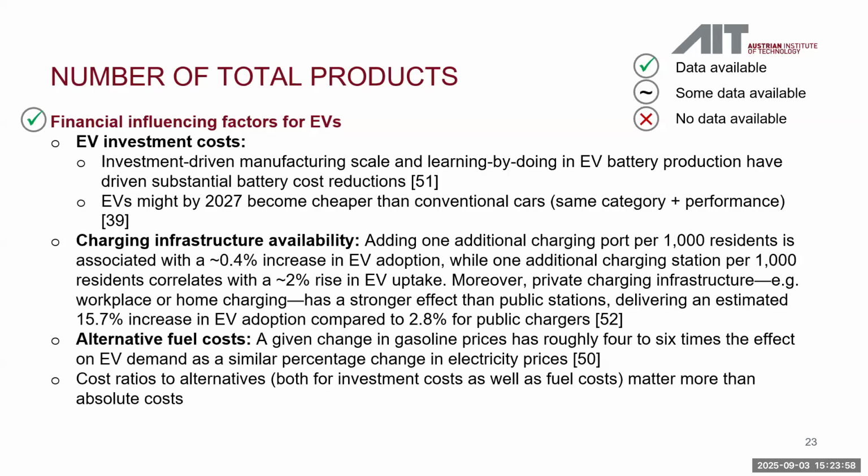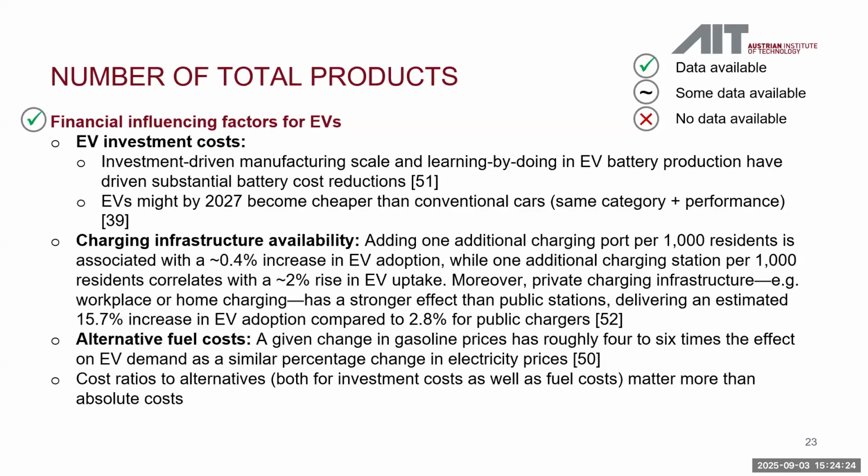We have some subsidies when buying EVs. Subsidies will run out, for example, like in the US. This is normal because in the near future, for example, 2027, we expect that the EVs will be cheaper than conventional cars in the same category and performance, of course. And by then, we don't really need subsidies anymore.